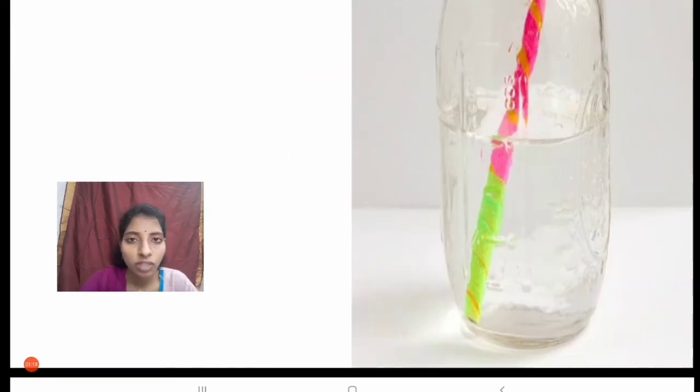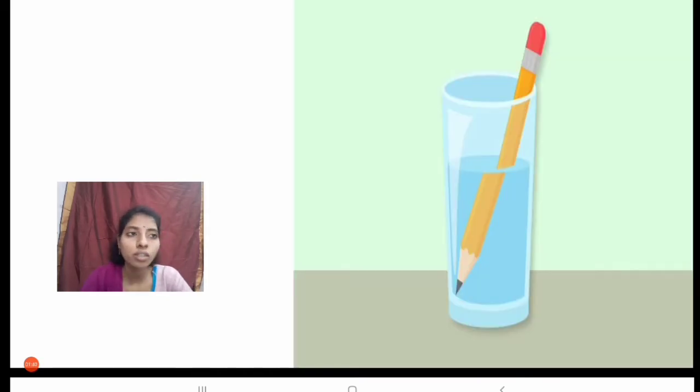There you will observe that inside the water, the pencil bends, and the upper part of the pencil and the bottom of the pencil are both deviated. Okay. So the pencil looks like it is broken inside the water. You can see here, you will observe like this.